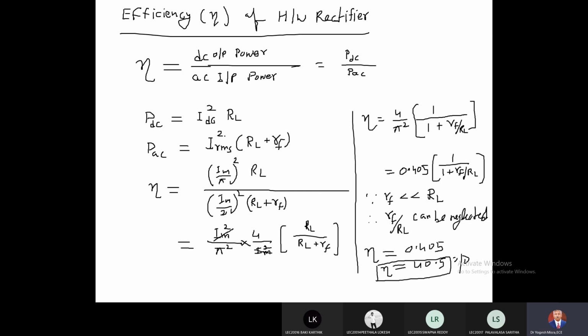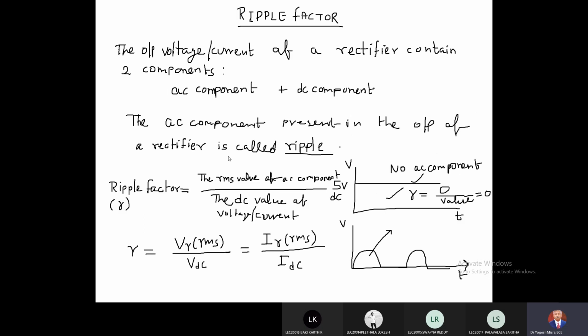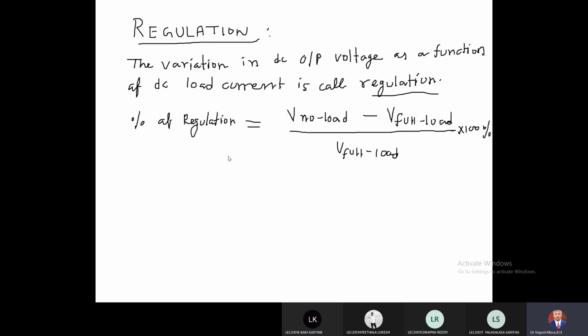PAC is I RMS square into RF plus RL. If you calculate those values with the values which we have calculated, then you can find out this rectifier efficiency also, right?